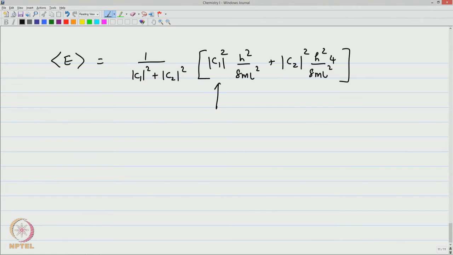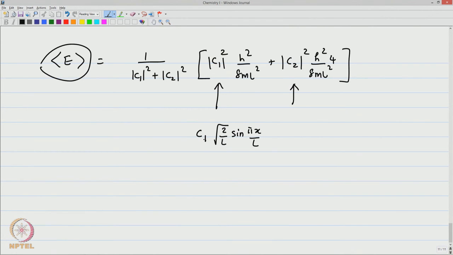So, what you see is that the wave function which has the component C1 multiplying root 2 by L sin pi x by L contributes to the overall average energy by the factor of its eigenvalue. The root 2 by L sin pi x has for the energy operator this eigenvalue h square by 8 m L square multiplied by the absolute square of the coefficient.